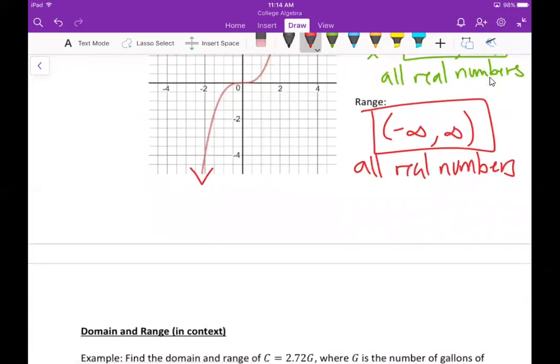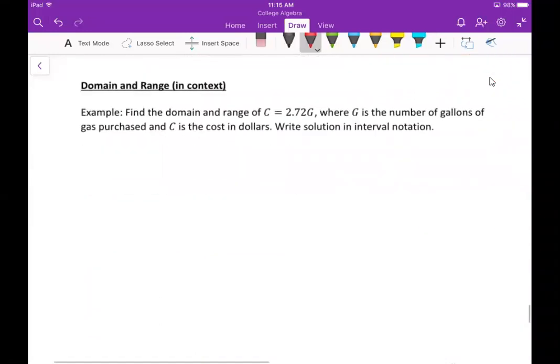Let's do one last example with domain and range when we're talking about it in context. So we can often tell what values make sense for a variable, for an input or output variable, given the context of that variable. So right here, we want to find the domain and range of c equal to 2.72 times g.